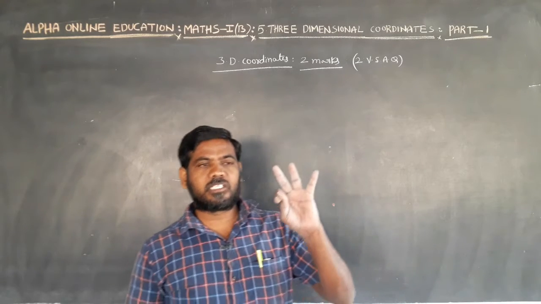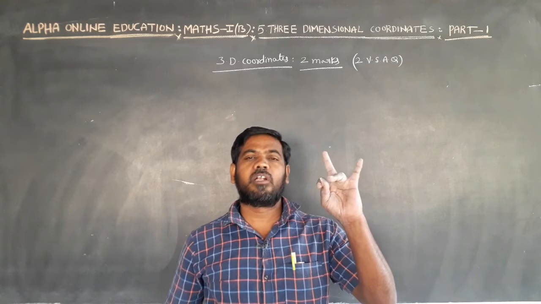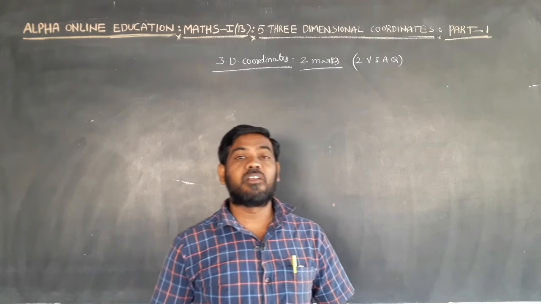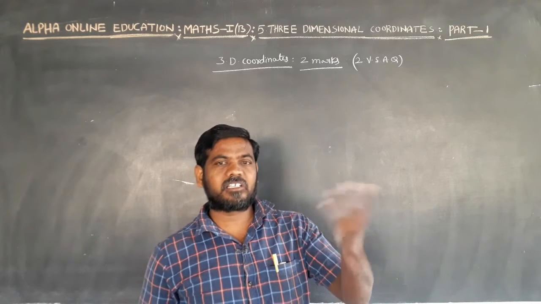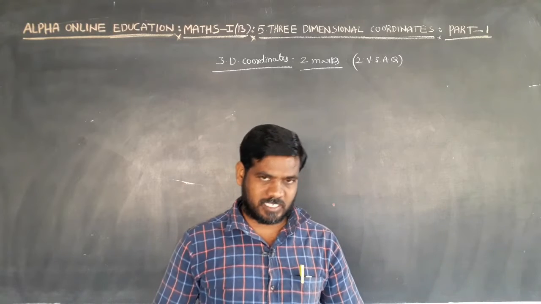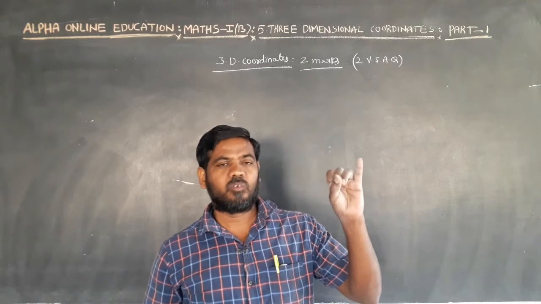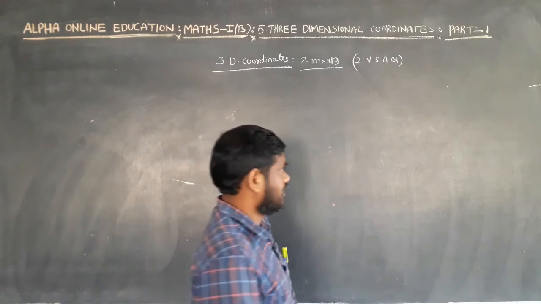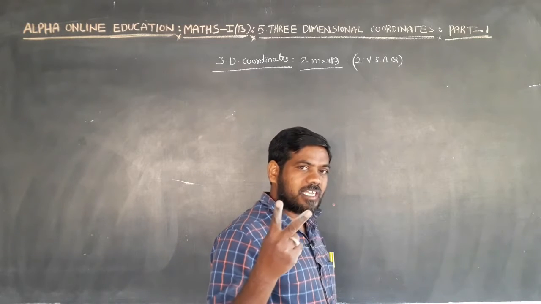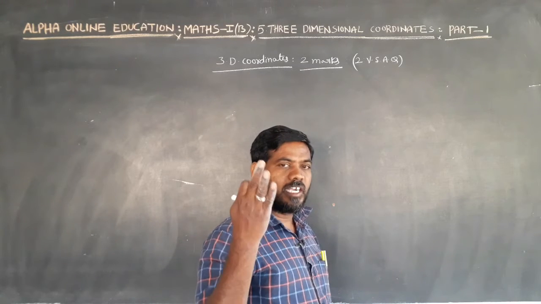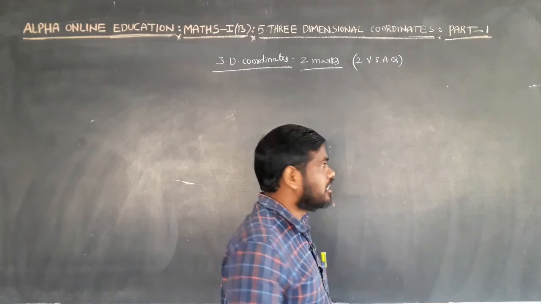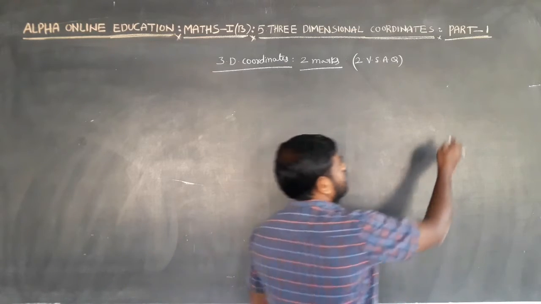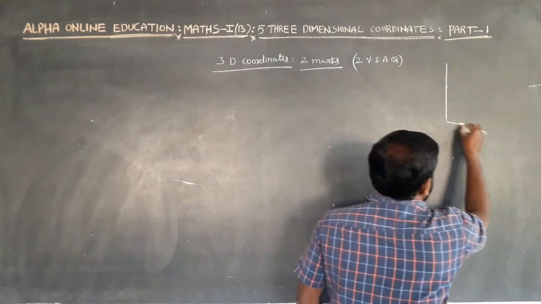3D means x coordinate, y coordinate and z coordinate. Here an extra z axis is added. 2-dimensional means x axis and y axis. 3-dimensional coordinates means x axis, y axis and z axis.